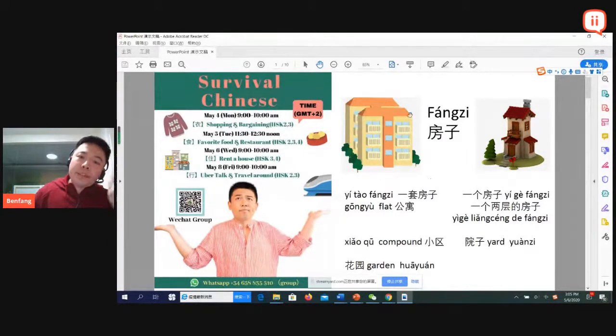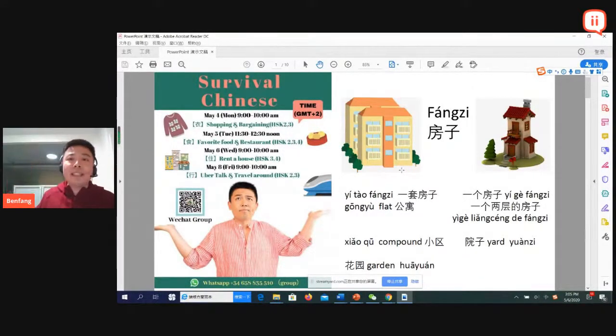However, if we go back to the Chinese side, we don't say the whole building as a house. Instead, the whole building, we call it 楼。The building is 楼, and the measure word for the building, for something big, we will use 座。A building is 一座楼, or 一座山, a big mountain.